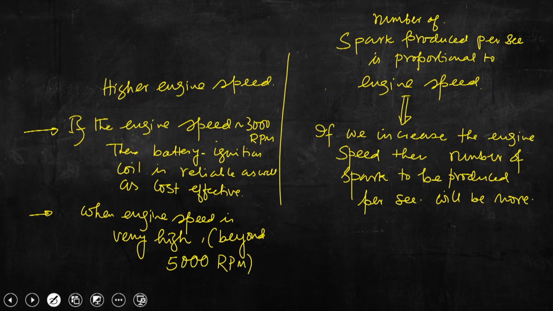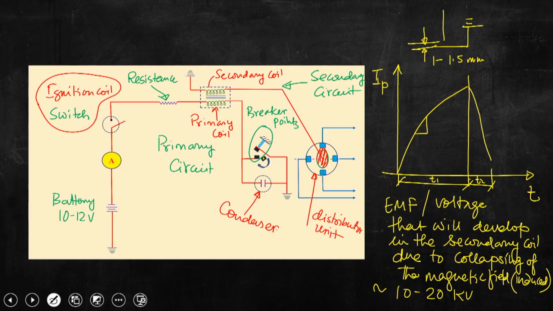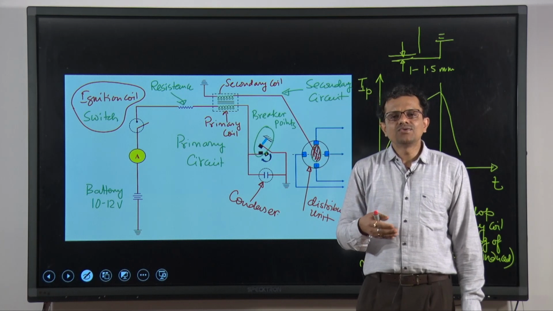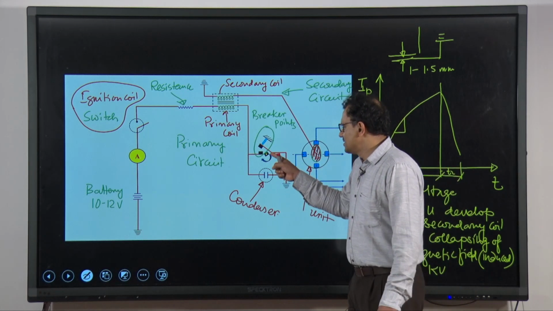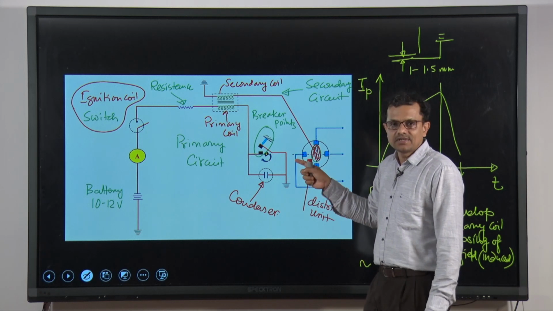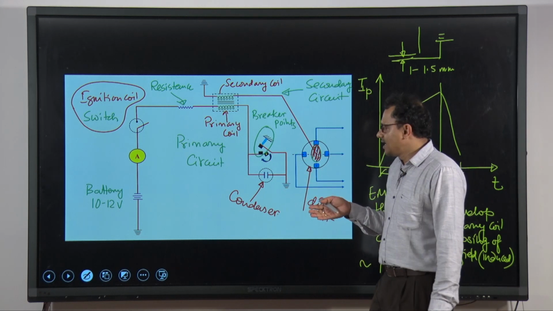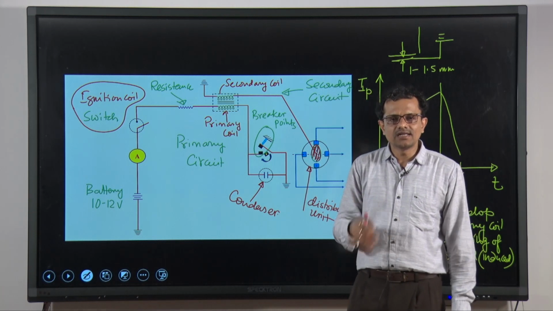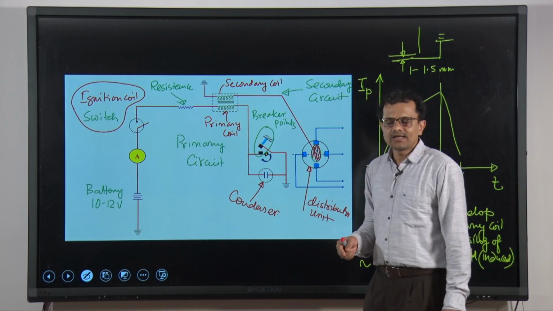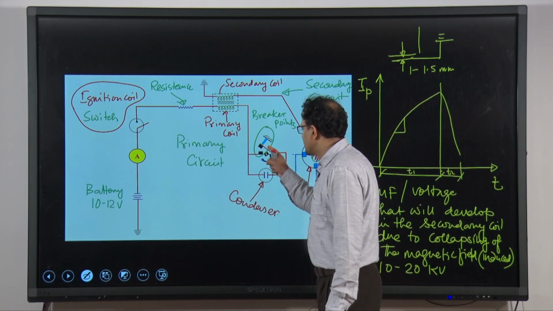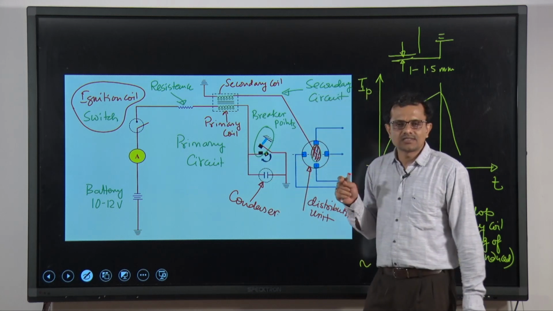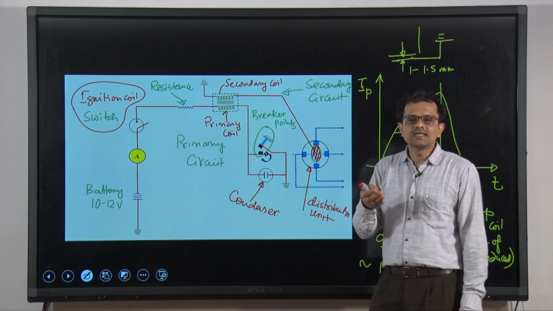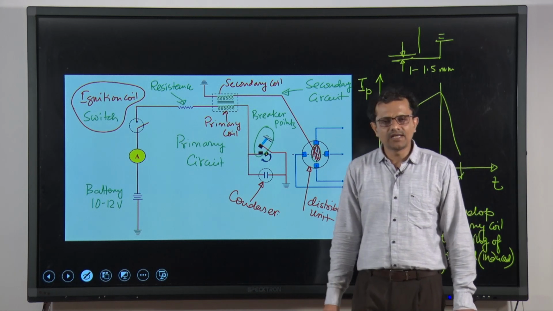Then this particular coil or circuit encounters a few problematic issues, mostly related to inertia, because this cam is driven by a camshaft which is connected to the shaft of the engine, and any mechanical component or device has some inertial impact or issue, and as a result the closing and opening of the breaker points will be problematic to produce sufficient energy needed to develop a spark by a spark plug.